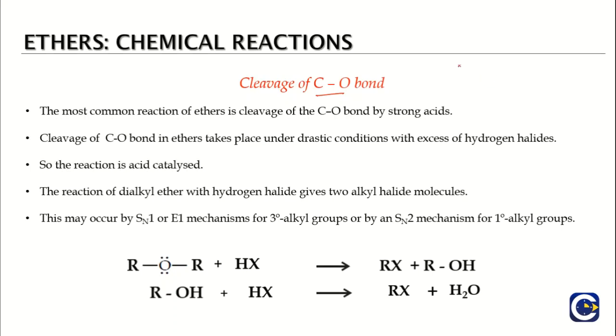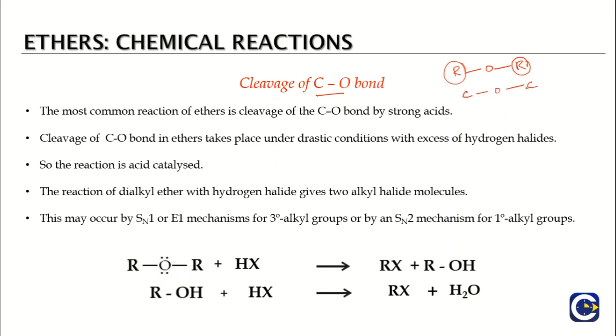Since the general formula of ether is ROR, where R is any alkyl group or aryl group, as we have already seen, here we have a bond between the carbon of this alkyl group and the oxygen.